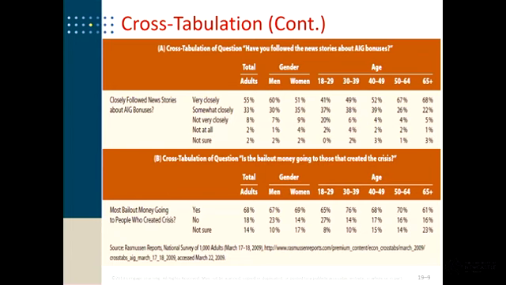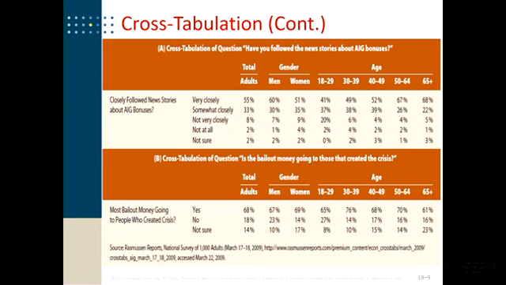It increases with age, so the younger they are, the less they're watching. Yes, so definitely we find a very clear pattern that the higher the age, the more closely they followed the news, and the younger the age, the less closely they followed the news. Particularly the very closely one.